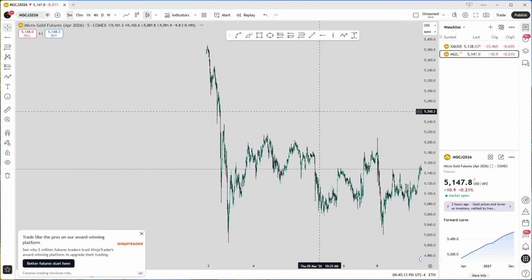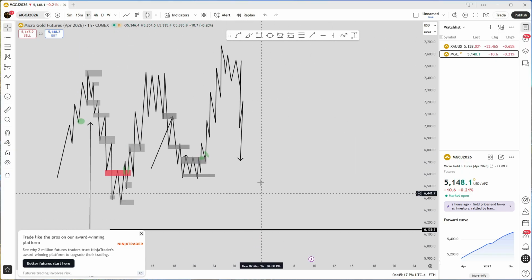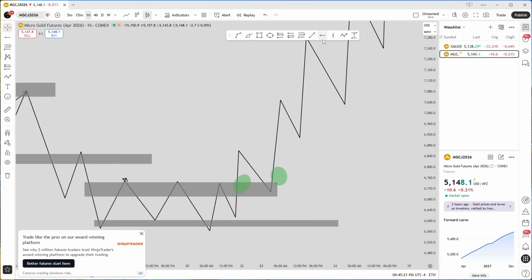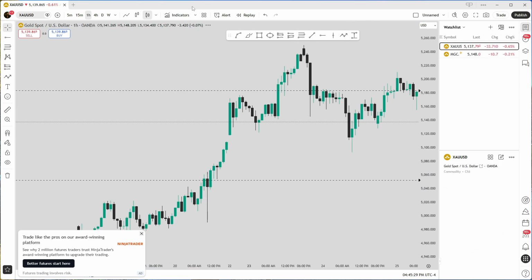Reset. 1 hour. Where is this? Remember, like here, you want to enter right back above that current breakout zone. So that's what I did here.